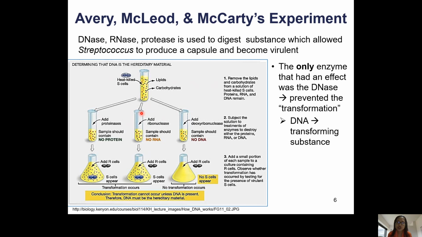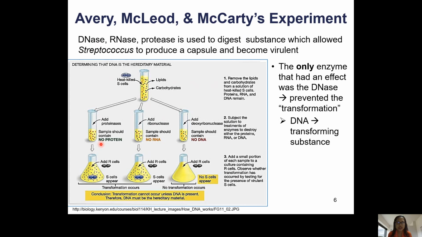So the second tube contains no RNA because they used ribonuclease enzymes that digest RNA. And on the third tube, the sample contains no DNA because the enzymes that degrade DNA were added. And after that, what happened next?